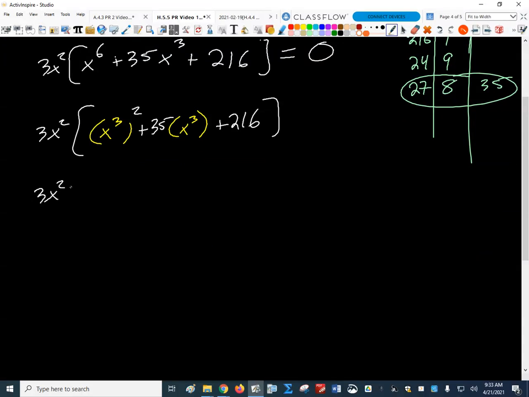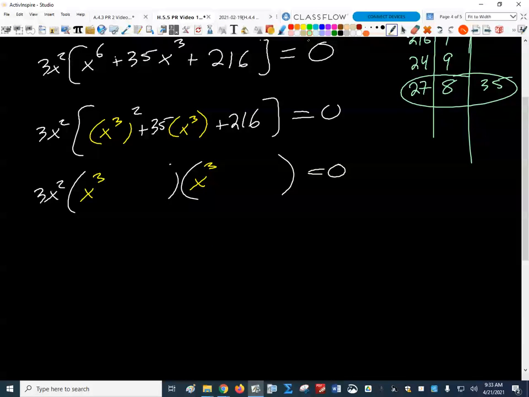So now this is going to factor into x cubed plus 27 times x cubed plus 8. Okay, now what? Can we just isolate the x's?